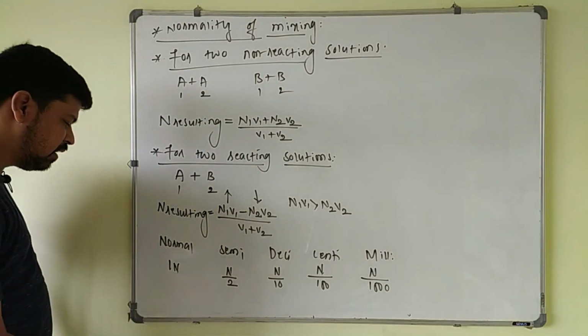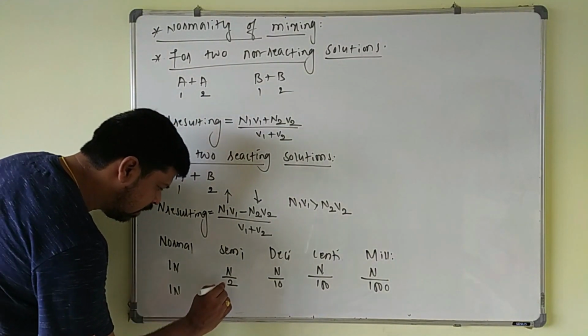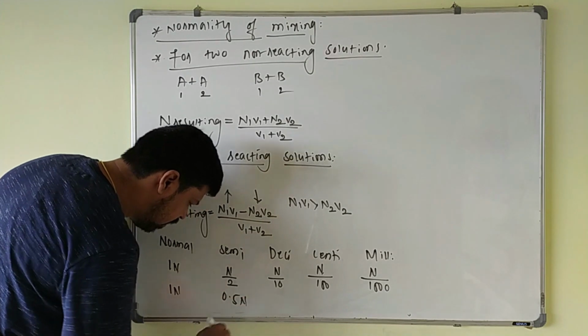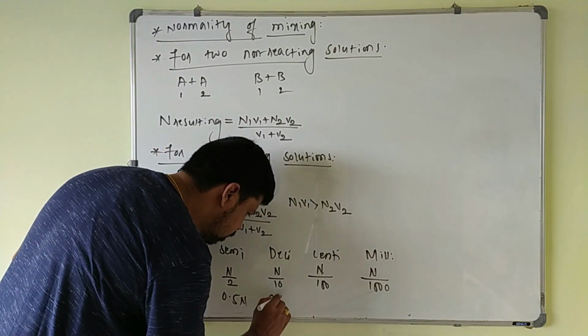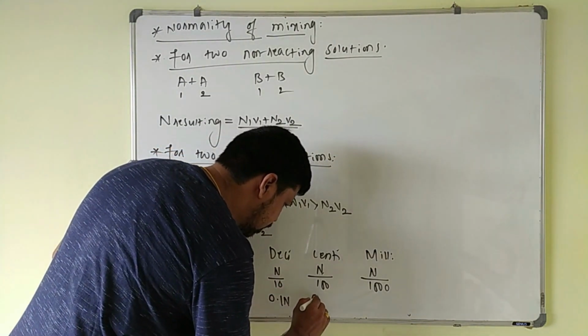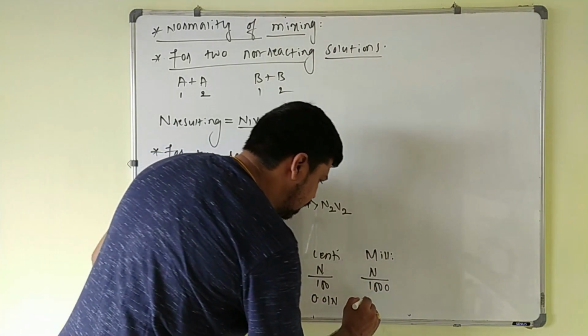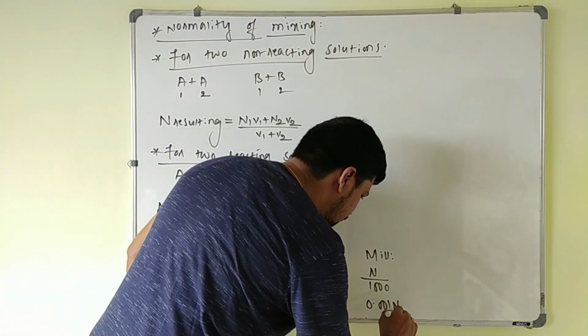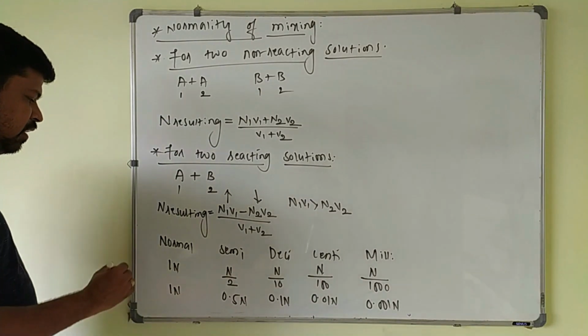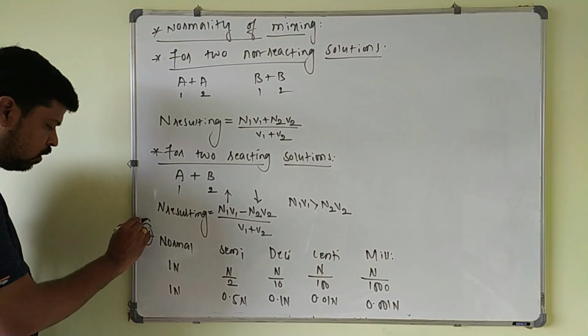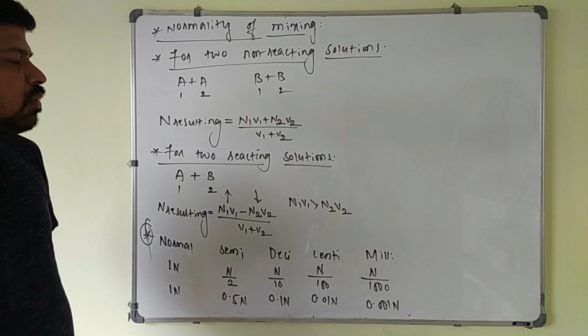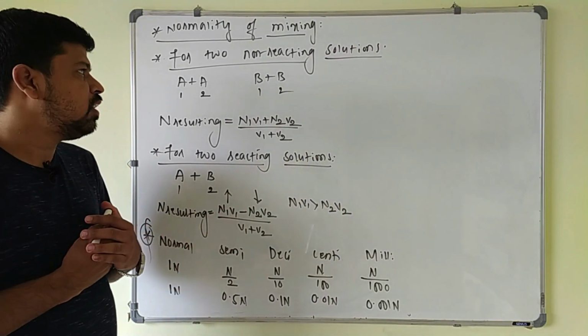And this one is 1 normal, this will be 0.5 normal, this becomes 0.1 normal, again this becomes 0.01 normal, and this will be 0.001 normal. So these are the different terms we are using in the normality also. Okay, this is about normality of the solution.